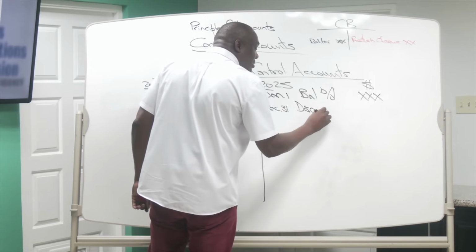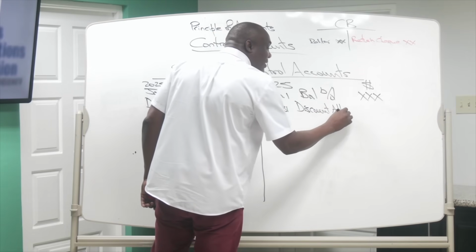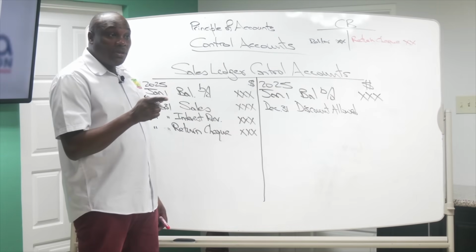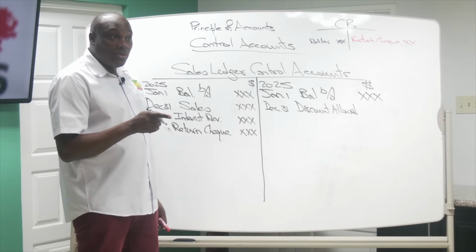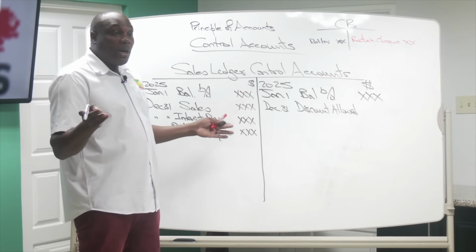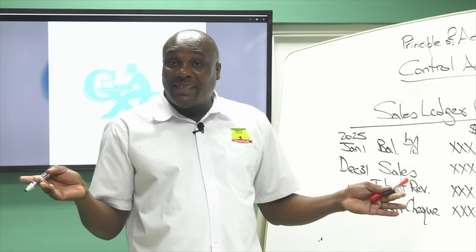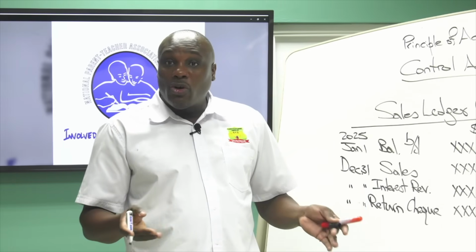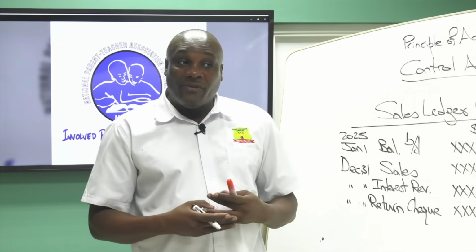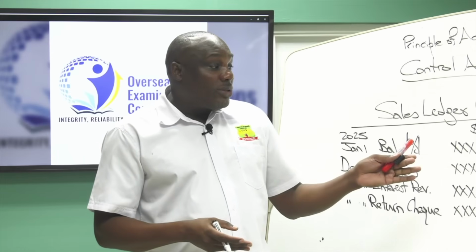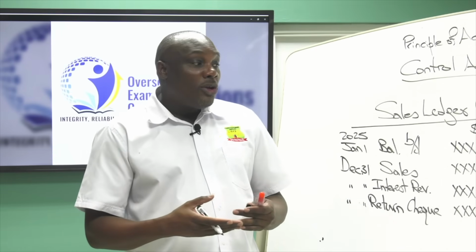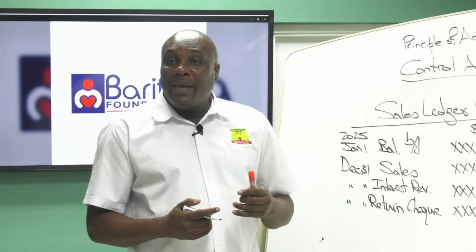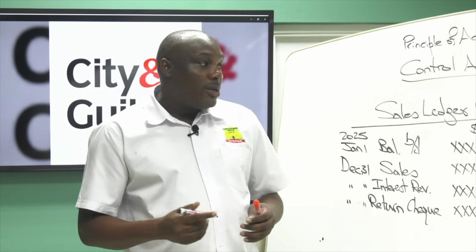Discount allowed, students, is simply where we, the business, give the customer a cash discount. Why? We are rewarding the customer for paying us on time as agreed upon, with an extra or further discount from the trade discount if we have given them. So the cash discount is a reward that we give the customer for paying early.